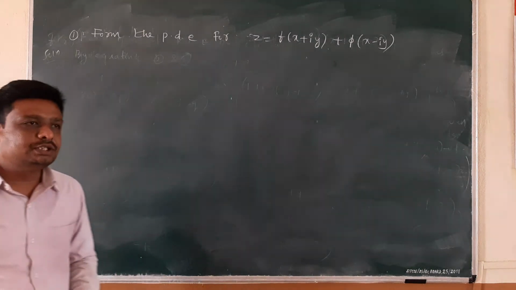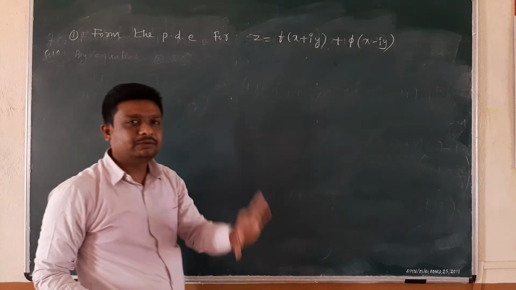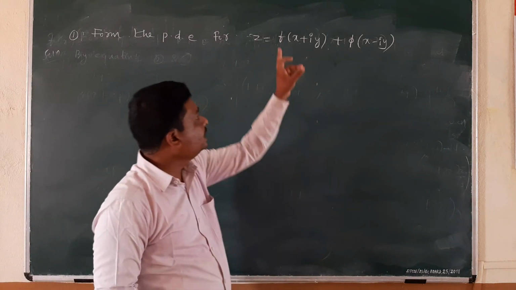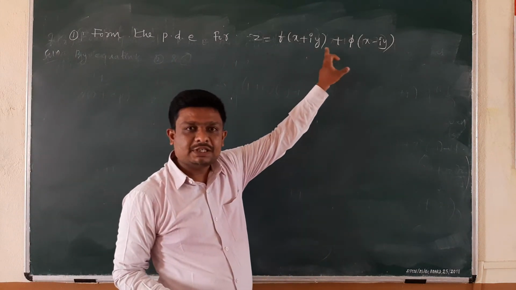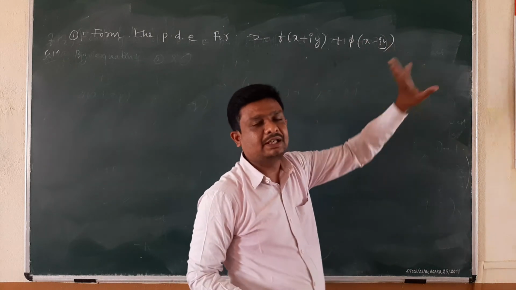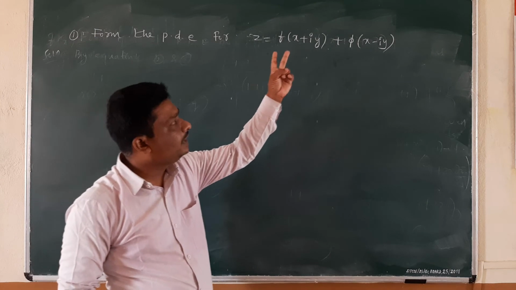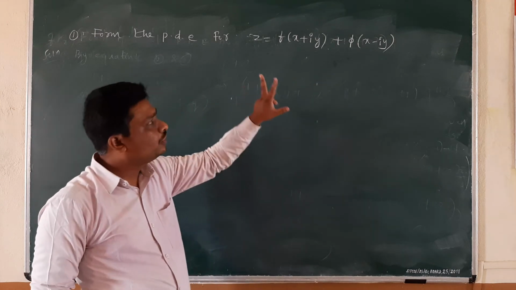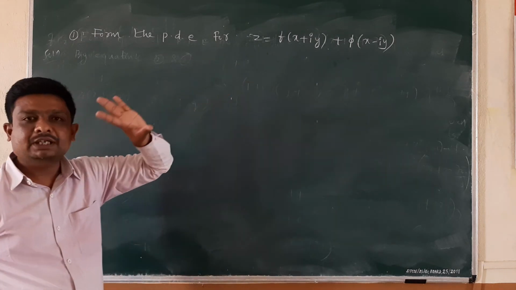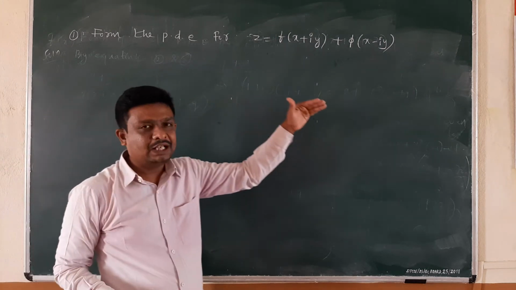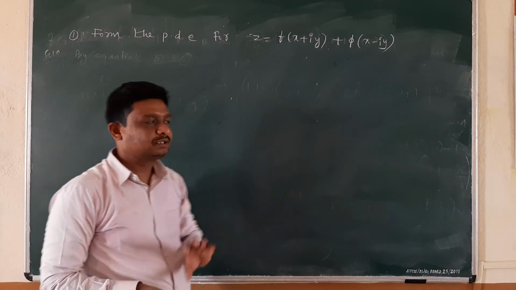So again the question is saying: form the partial differential equation for z is equal to f of x plus iy plus phi of x minus iy. Here we can see in this example we are having two functions. Therefore, I will differentiate the given equation with respect to x as well as with respect to y partially twice.